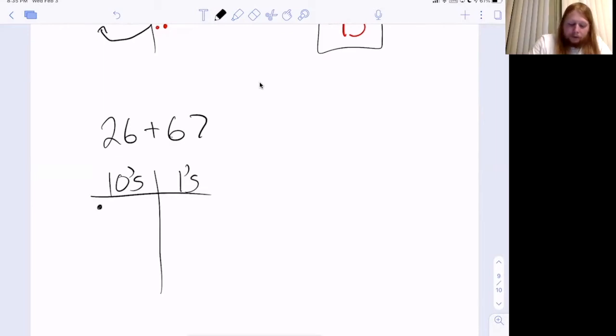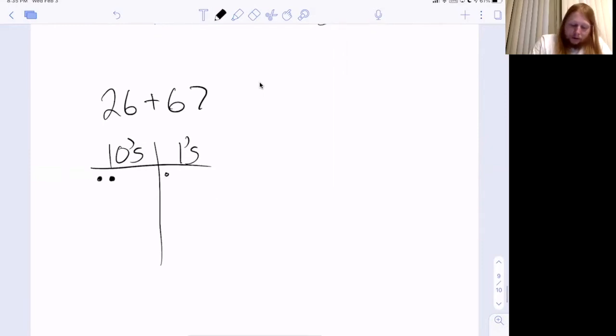2, 1, 2. How many ones are in 26? Well, we have 6. 1, 2, 3, 4, 5, 6. All right. How many tens are in 67?